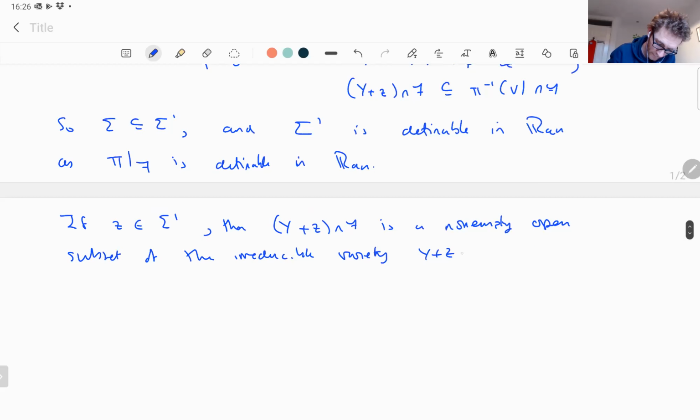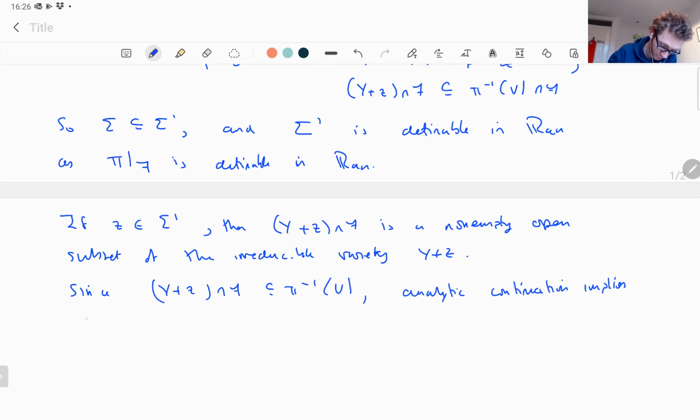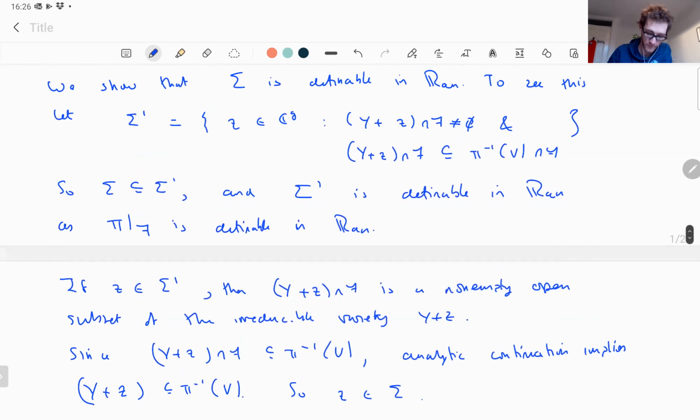And then since Y plus z intersect F is contained in pi inverse of V, analytic continuation implies that Y plus z is all contained in pi inverse of V. So sigma prime is contained in sigma, and so sigma is definable in R_an.